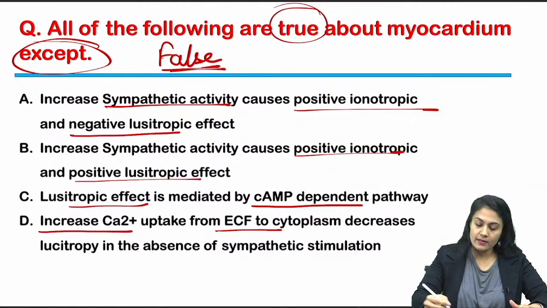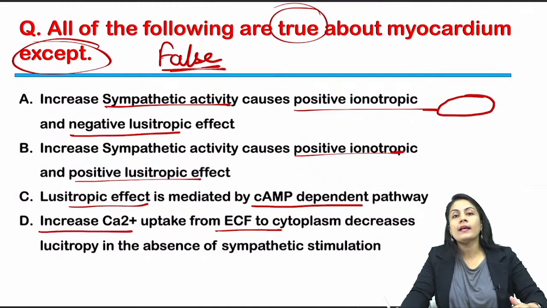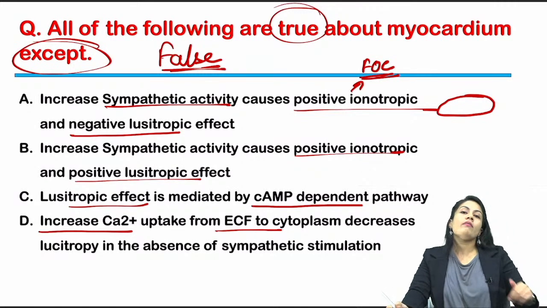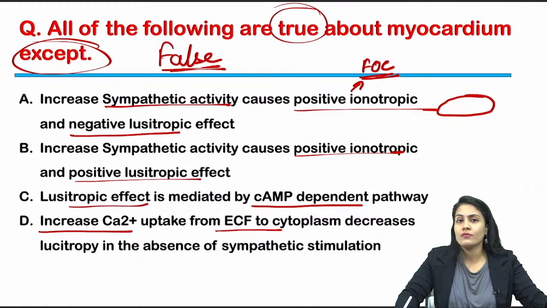Now, whenever there is stimulation of, let's say, cardiomyocyte, what is the lusotropic effect first of all, and inotropic effect? Inotropic will decide the force of contraction. Whenever we activate sympathetic, please remember everything is going to be positive, right?